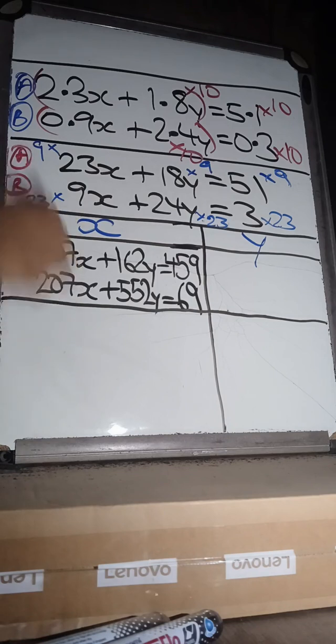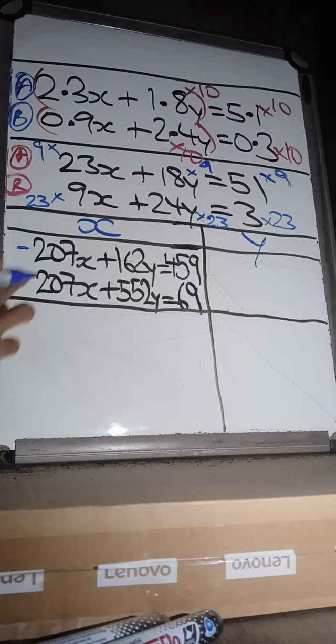We will minus this from that, because if both of them were minuses, we would still subtract both of them. If both of them are positive, you subtract. If both of them are negative, you subtract. So they have the same sign in front of them. So we're subtracting this from that.